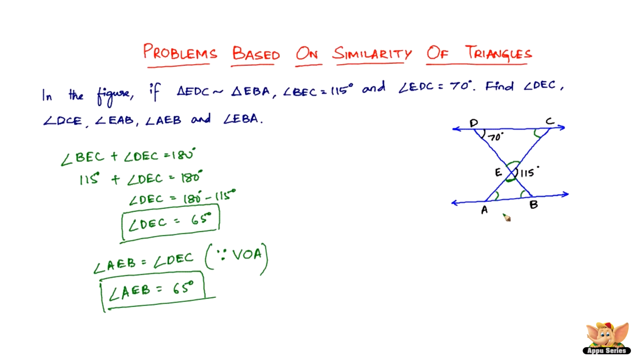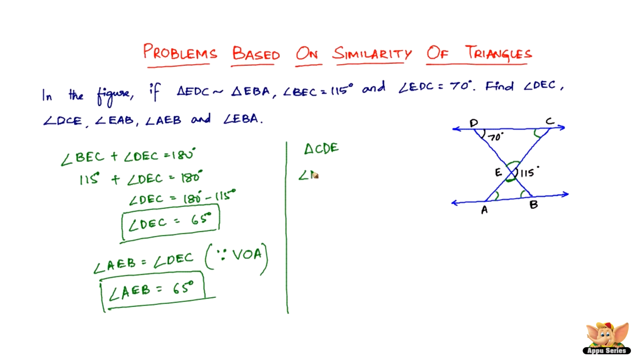So now let us look into the next angle. In triangle CDE, we've got angle CDE plus angle DEC plus angle DCE equal to 180 degrees. A triangle has 3 angles, and those 3 angles sum up to 180 degrees. So let's use that property and find angle DCE.